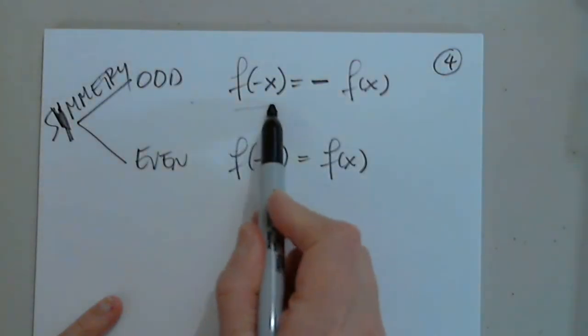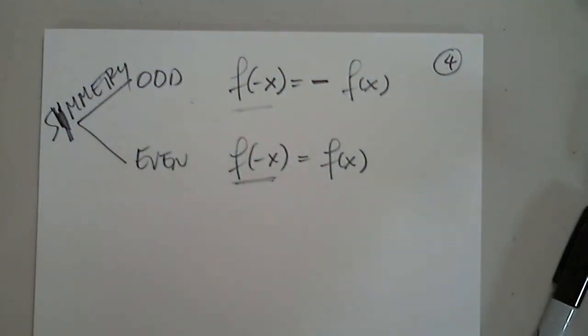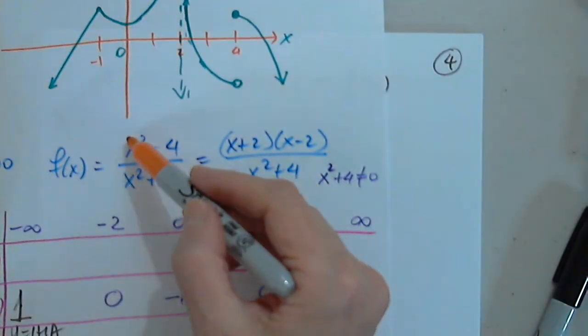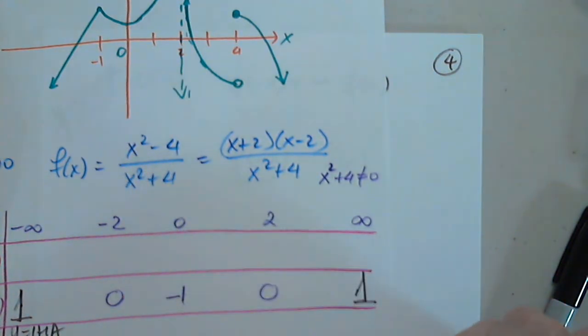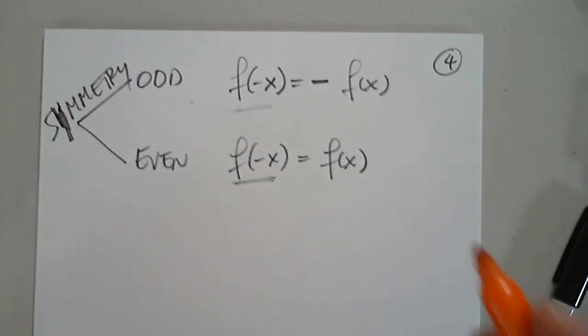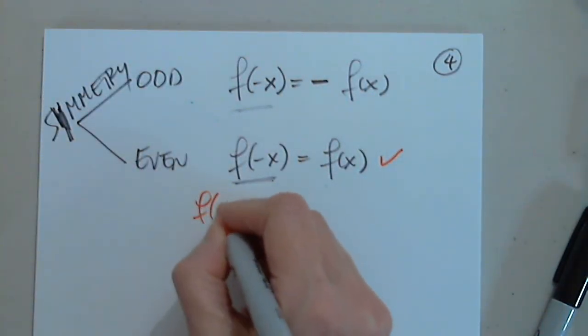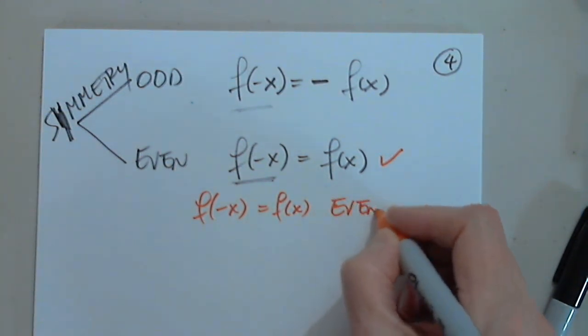In both situations, we have to determine f of negative x. So let's do just that. So remember, will this change if I plug in negative x? Will this change if I plug in negative x? No. No. So this is the situation. F of negative x equals f of x in our case, and the function is even.